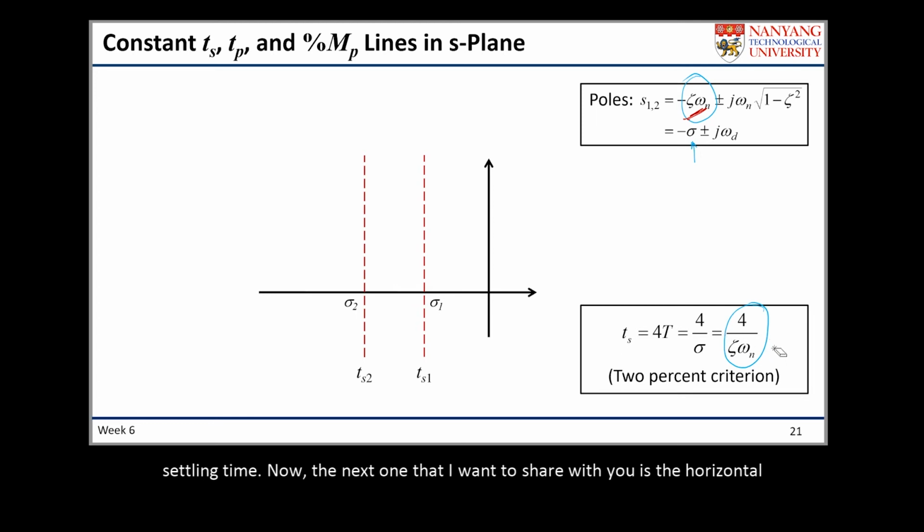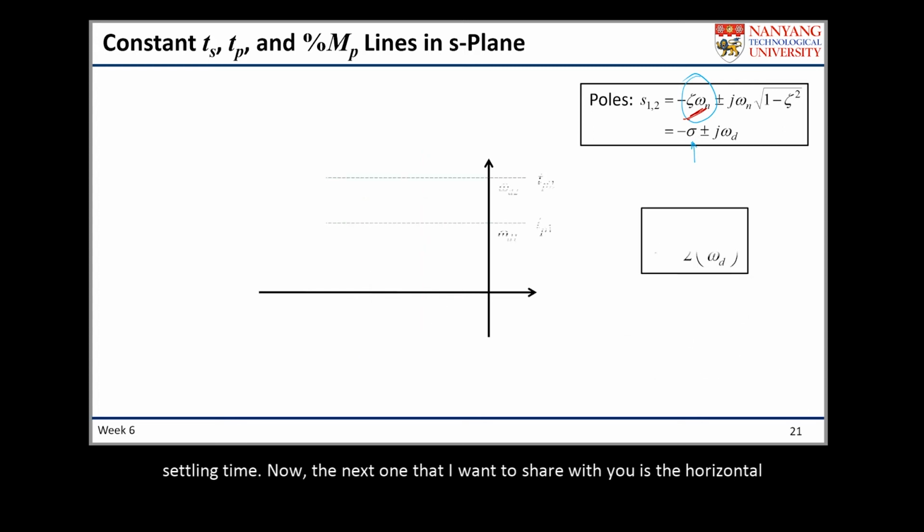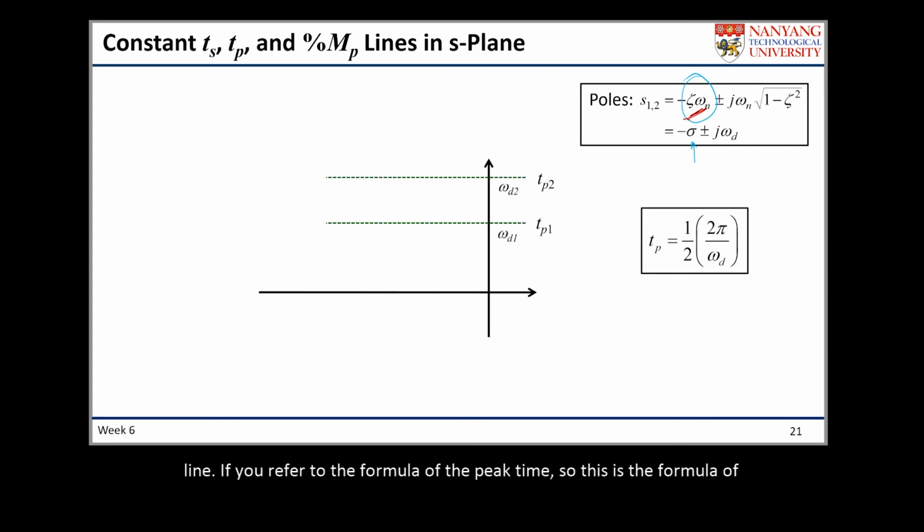Now, the next one that I want to share with you is the horizontal line. If you refer to the formula of the peak time, peak time is inversely proportional to omega d.